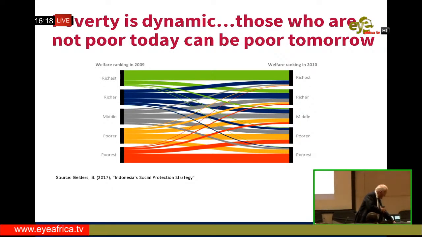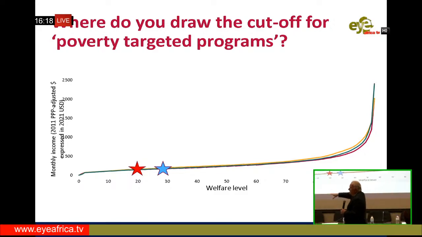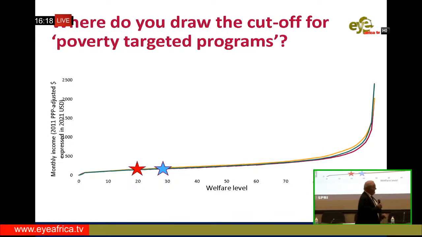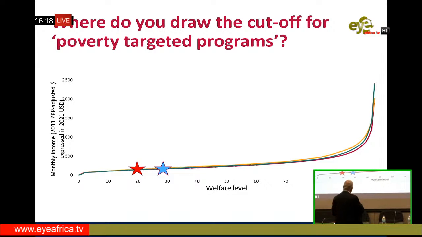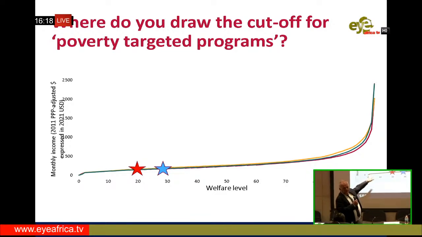And that's the reason why. The other reason is your income distribution. Again, left-hand side, the poor people, right-hand side, the rich people. And this is the monthly income recalculated in PPPs, purchasing power parity dollars. Technically, I'm an economist, so I need to say this.